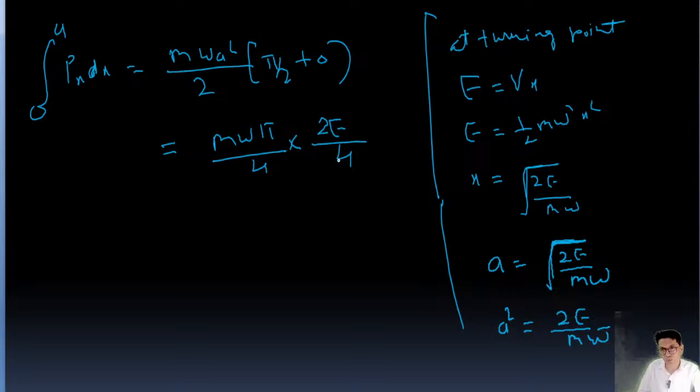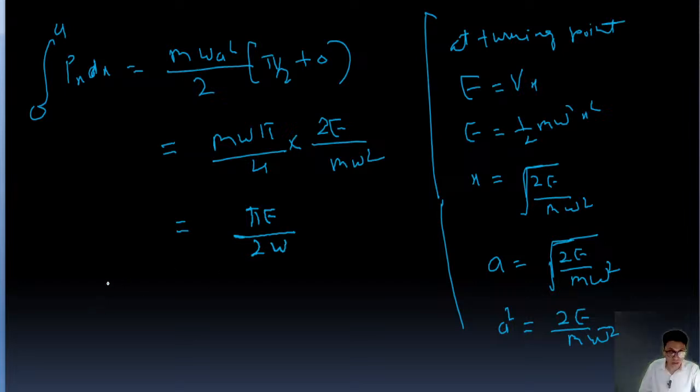Here we'll put the value, and this value is going to be pi E upon 2 omega.